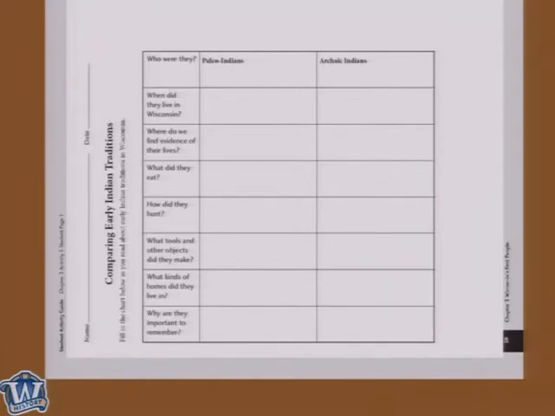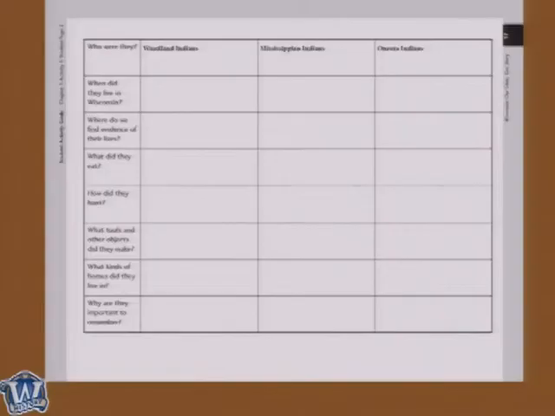And there's room here where the students can use words, they can also use drawings, because we know that every student learns and remembers in a unique way. And this carries that pattern through with the Woodland period, the Mississippian period, and the Oneota period. So if you were to make copies of this and spread it out on a page, students could fill in the chart and read all the way across as well as down the page.